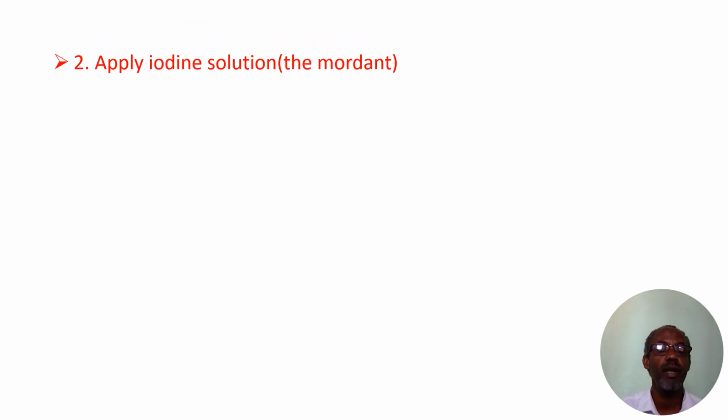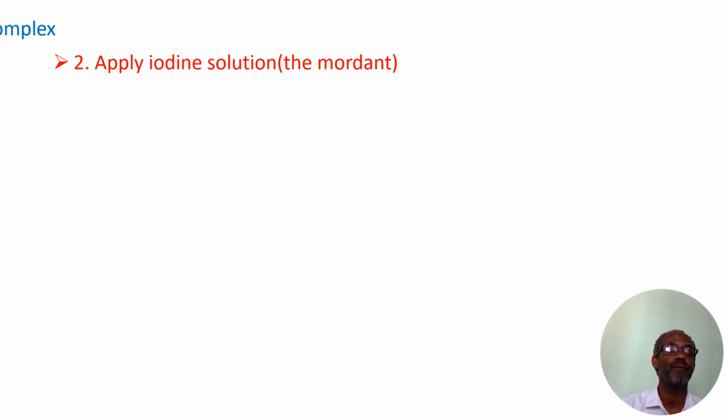The second step is to apply iodine solution, the mordant. This iodine solution is not a stain, it is a mordant which reacts with the crystal violet. Therefore, it produces a crystal violet iodine complex, and it helps the crystal violet stay fixed in the cell wall. So it stabilizes the crystal violet so that it is not washed away or does not leave the cell wall.